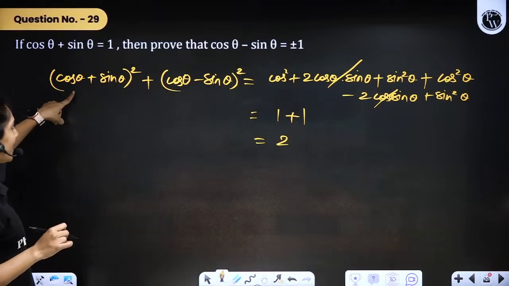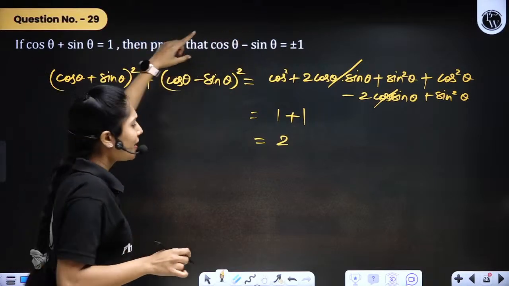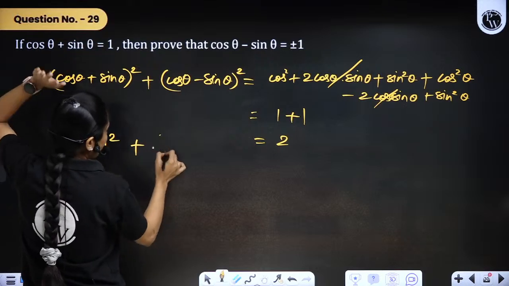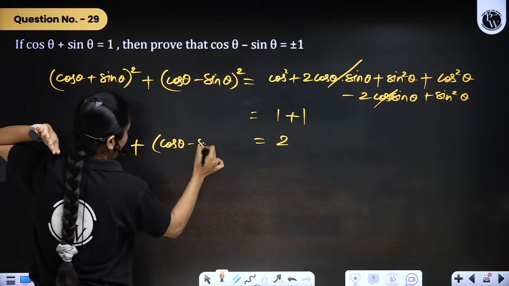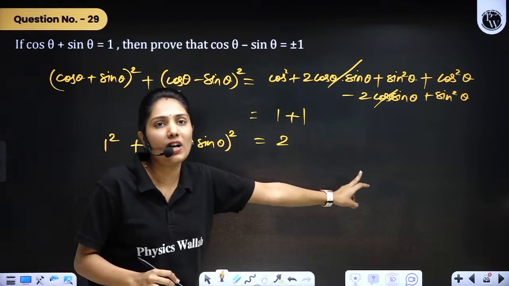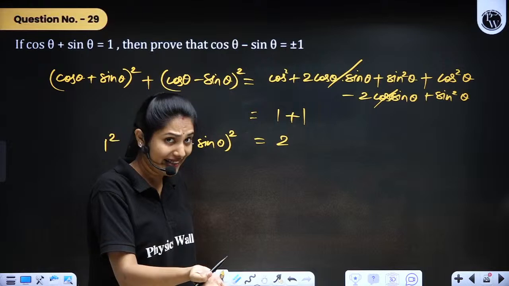Now coming towards the left hand side, the value of cos theta plus sin theta we already have. So it's 1 square plus, this is something that we have to find, (cos theta minus sin theta) square. Now this plus 1 will get shifted towards the right hand side, so it will get converted into minus.